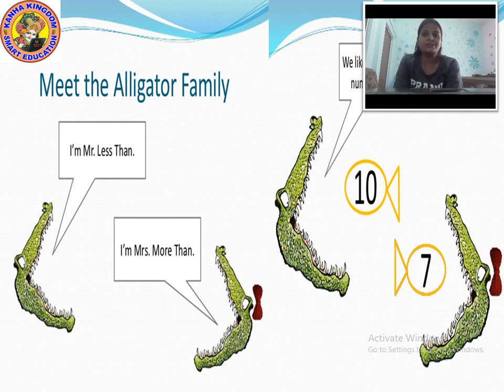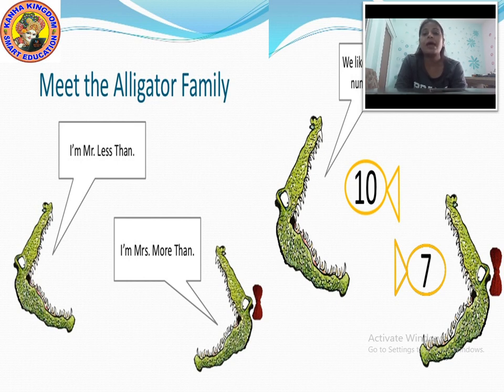Now I am going to tell you a story. The story is about 2 alligators. One alligator's name was Mr. Less Than, and the other one is Mr. More Than.